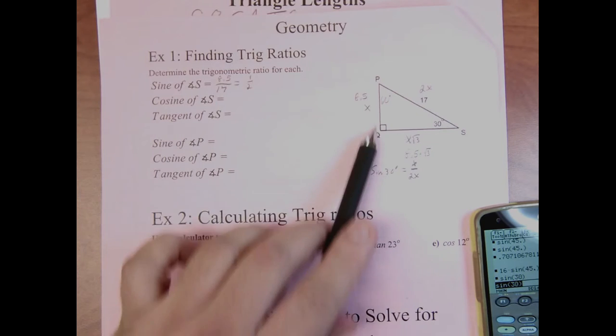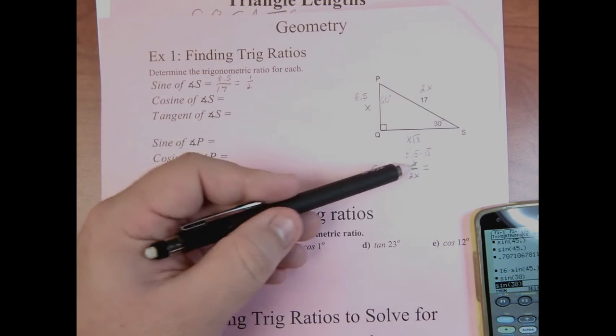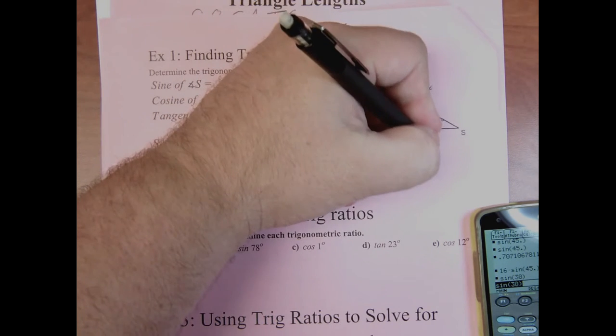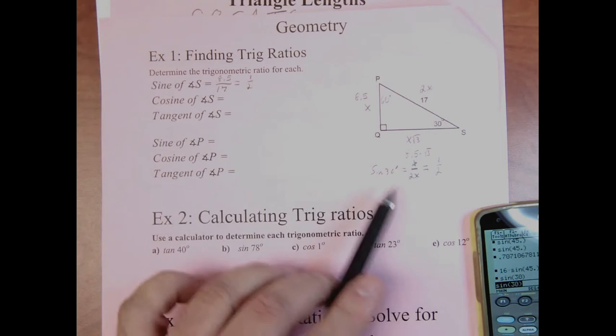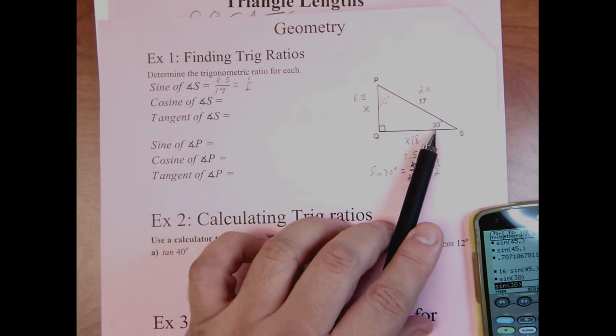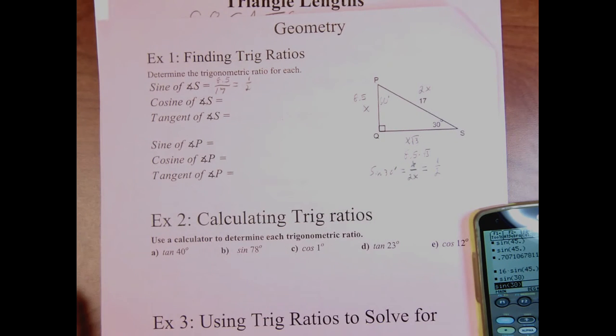So however long this side is, this side's always twice as big. If you notice, they have x in the denominator and the numerator. They divide out, become 1. This simplifies to 1/2. So no matter how big or small, if it's a 30-degree angle in a right triangle, the sine of it is going to be 1/2. It's going to be a ratio of 1 to 2, which we already knew was the case.